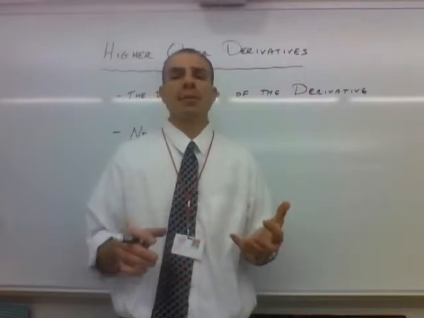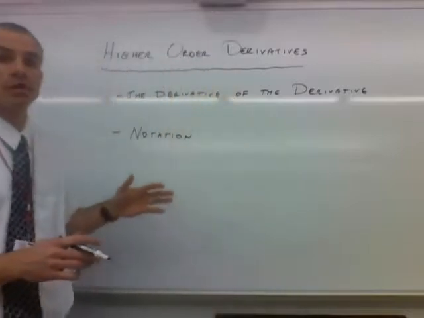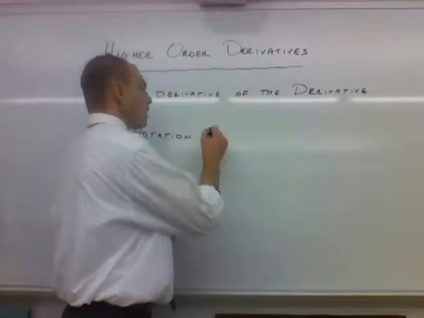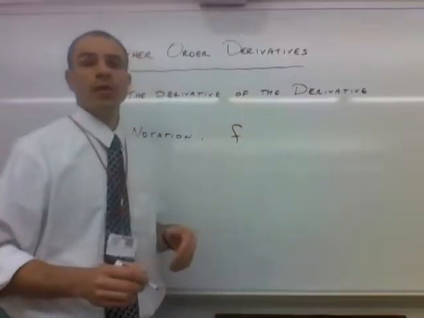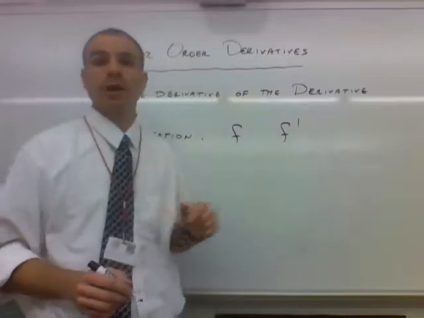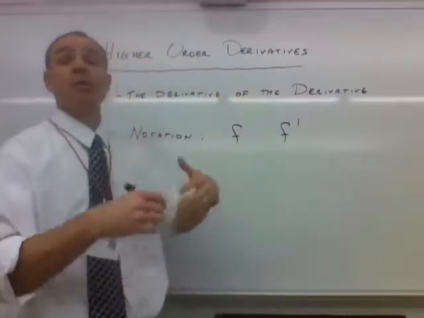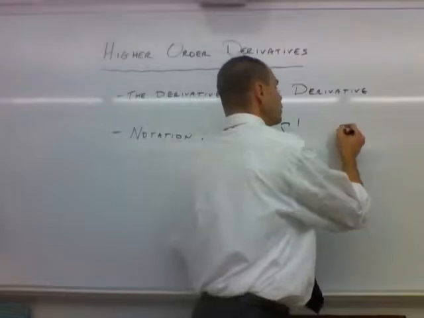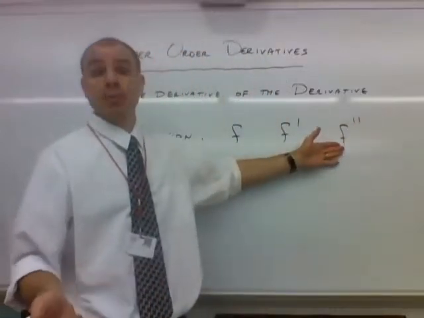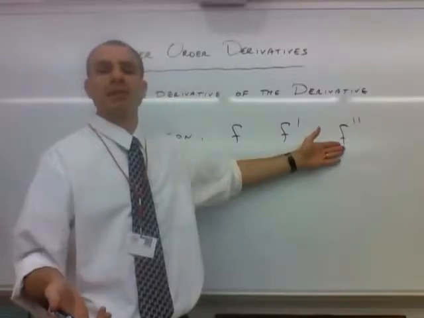But when we're talking about the second derivative, I do want to talk quickly about the notation for the second derivative. So if we think about it, if we have a function f, we know that the first derivative will be f prime with one tick mark after the f. If we want the second derivative, well, then we're just going to add a tick mark, and we have f double prime, the second derivative of f.